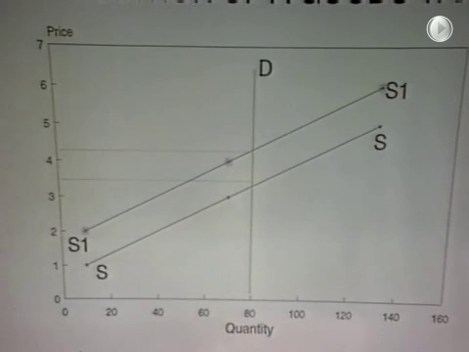Hence, effectively, the consumer pays the whole of this particular tax. All the tax revenue comes from the consumer. The supplier is unaffected. Note also that the quantity traded is unaffected.